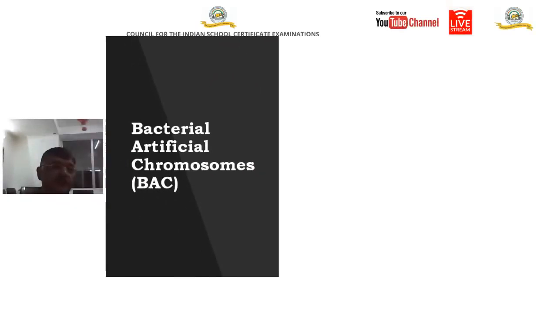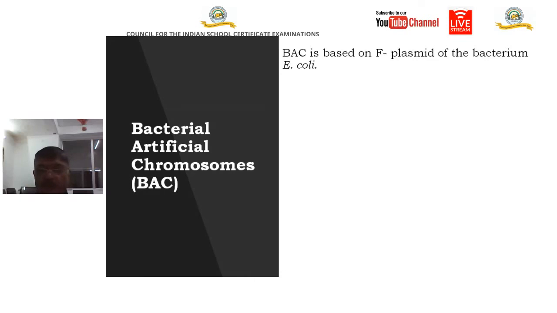Another example of a vector, the bacterial artificial chromosomes. Artificial chromosome because these are all based on bacterial chromosome but manipulated according to our demands. So BAC is based on the F plasmid of the bacterium E. coli, Escherichia coli. Developed by Mel Simon.